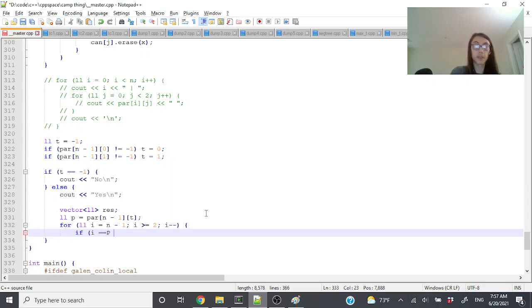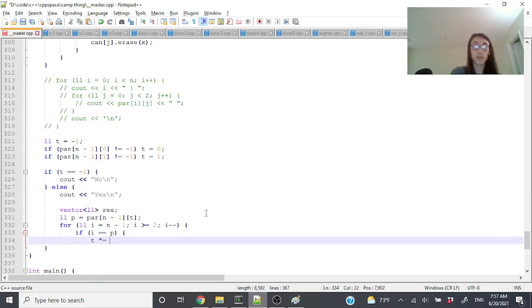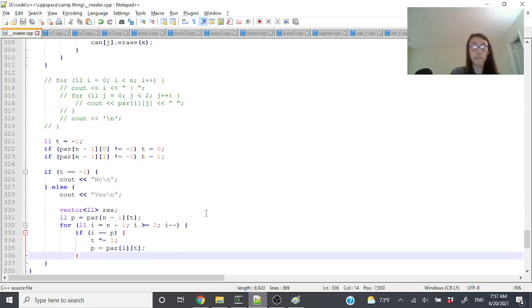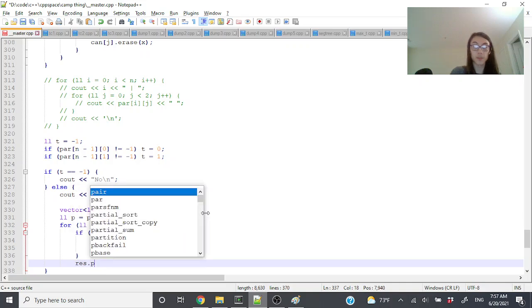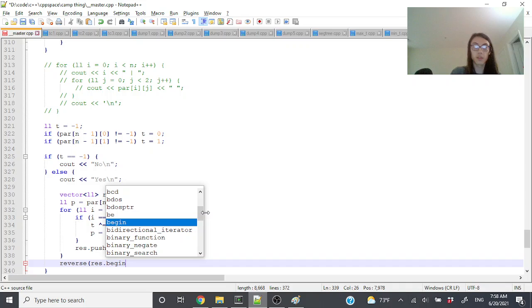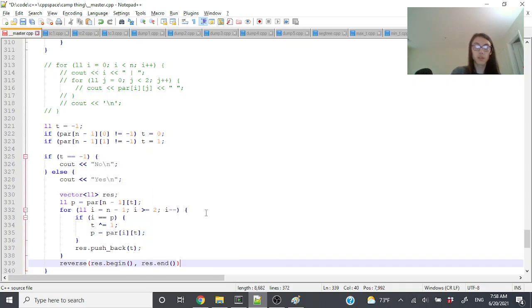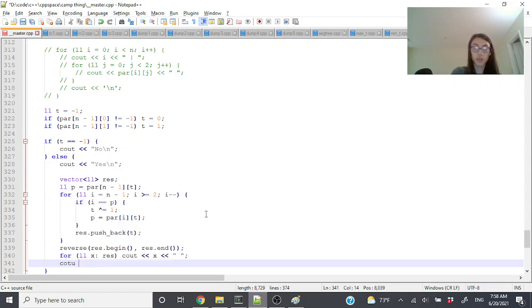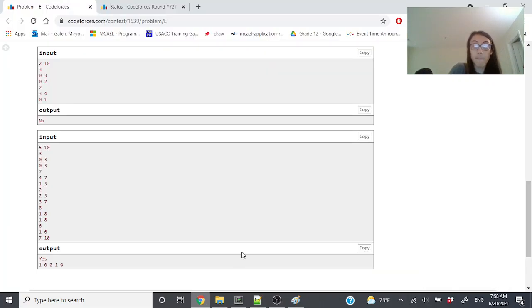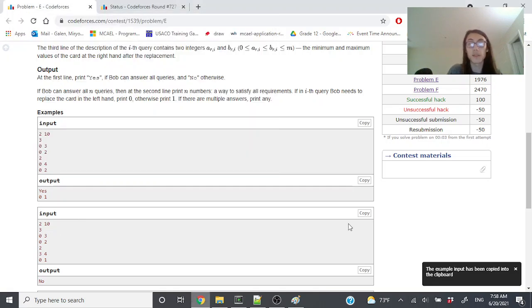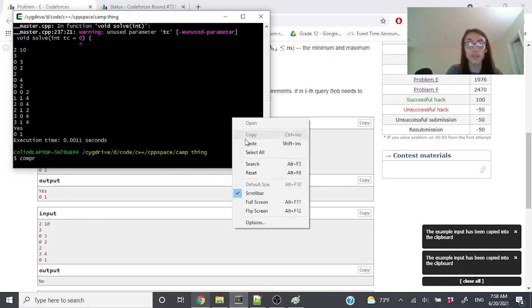If i is equal to p, p is equal to par i t. Res dot push back t. Okay, let's see how this works. 0, 1. This gets now as expected.